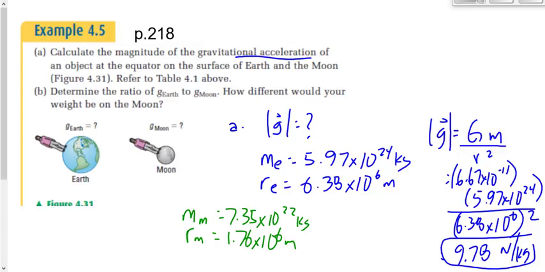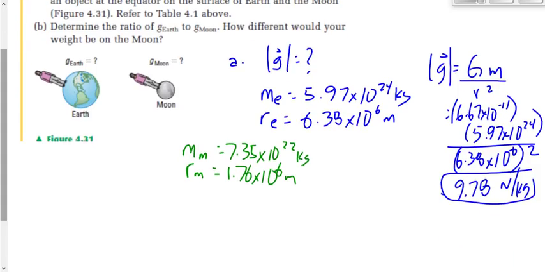We're going to do exactly the same thing here, right? Finding the field strength on the moon. Would you expect that to be bigger or smaller? Probably smaller, right? Little g is equal to big G m over r squared. The moon is a producer as well, right? The moon is causing gravity here, not feeling it. So we'll use the producer equation.